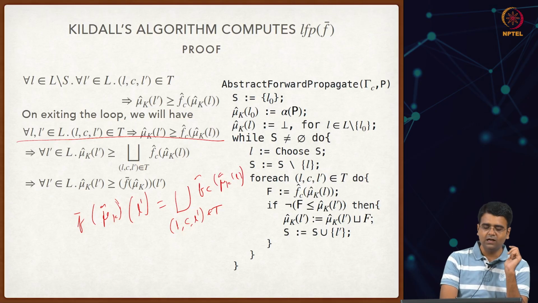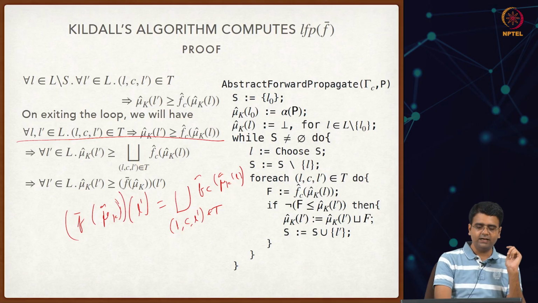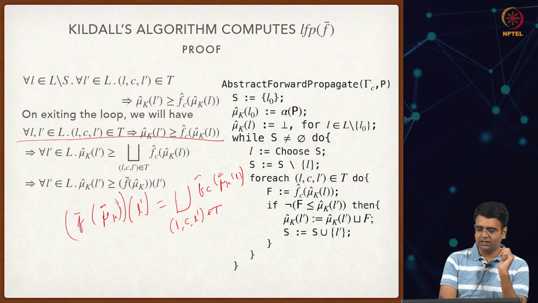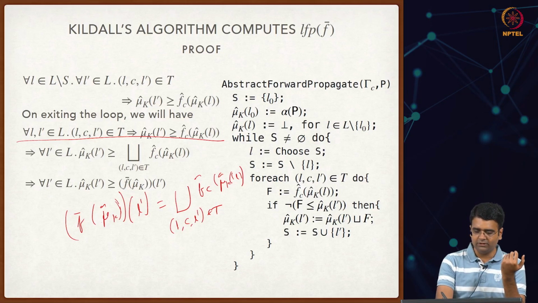So f bar applied on mu hat k is itself a new vector now, and this vector projected at the location L prime, the value is going to be this join of taking every predecessor L of the location L prime and then applying f at C of mu hat k of L.